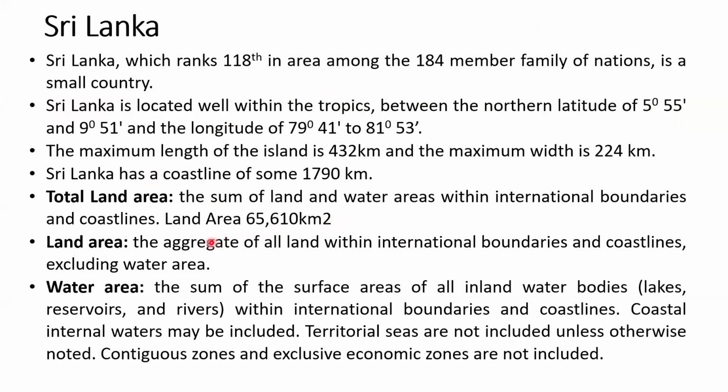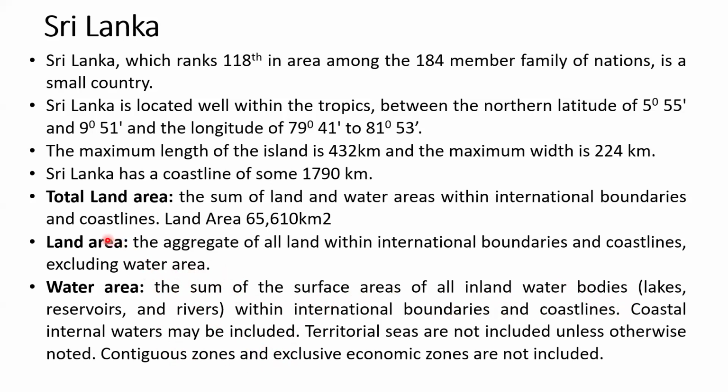Then our total land area. Now, what do you mean by land area? The aggregate of all land within international boundaries and coastlines, excluding water area. Water area also is a considerable amount. Since Sri Lanka is a small country, we have some big lakes, reservoirs, and rivers that we call the water area.